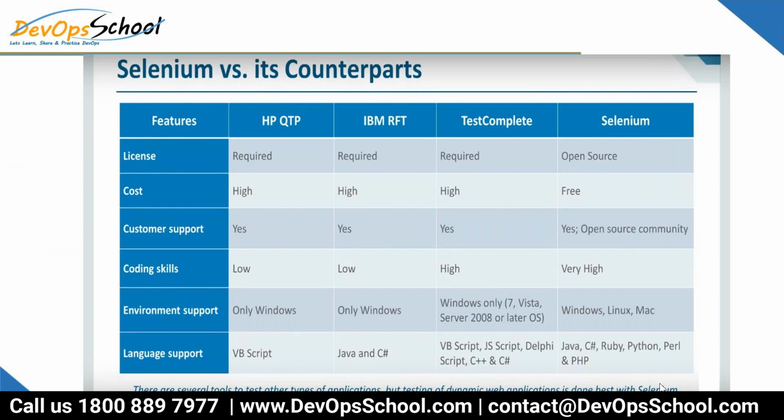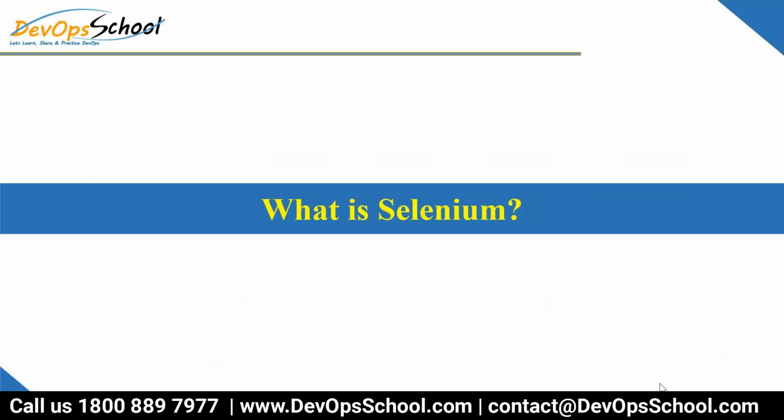But except for coding skills: in order to automate the testing process, you need to know coding skills actually. So high coding skills are required. That is one of the cons you can say for Selenium.